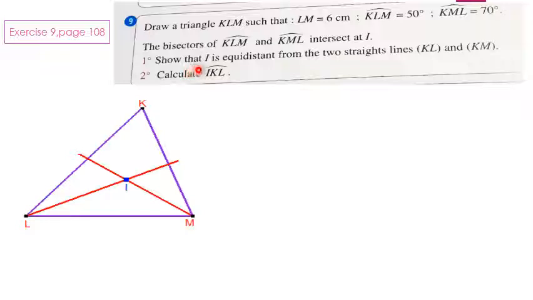Now, it's required to prove that I is equidistant from the two straight lines KL and KM. What do you mean by equidistant? Having the same distance from KL and KM. How will we do that?